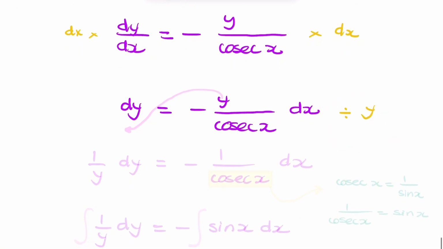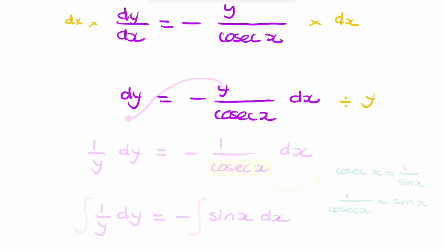So I'll have 1 over y dy equals minus 1 over cosecant x dx. Now cosecant x is just 1 over sine x.